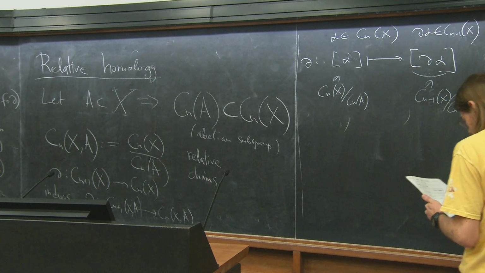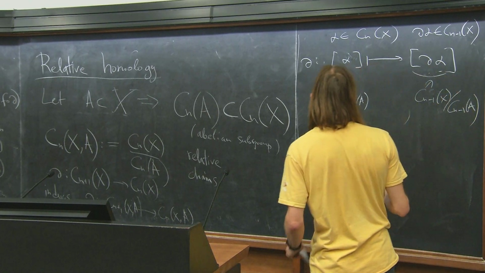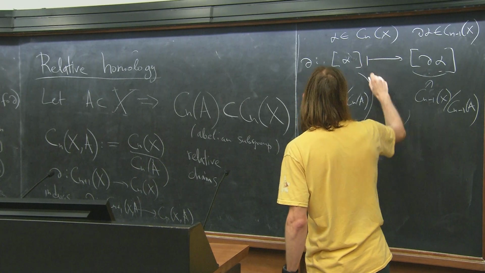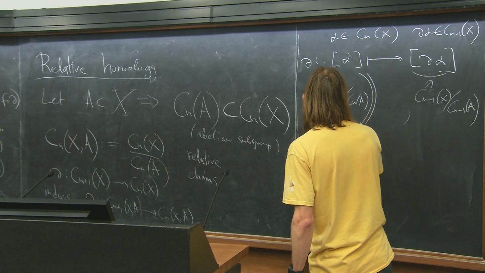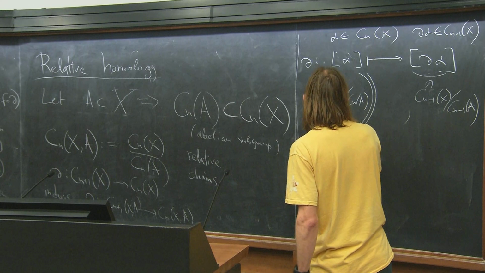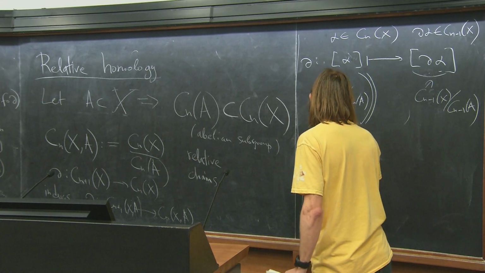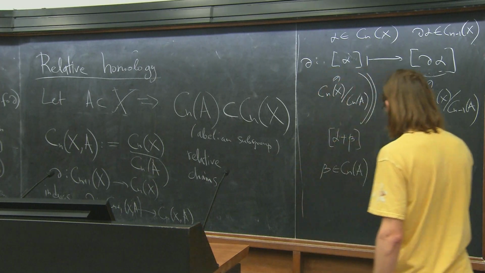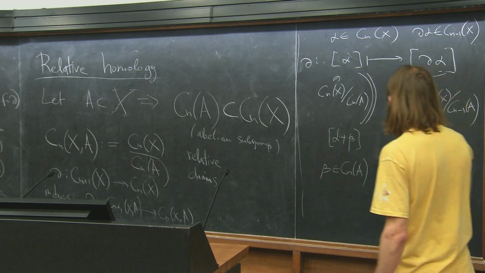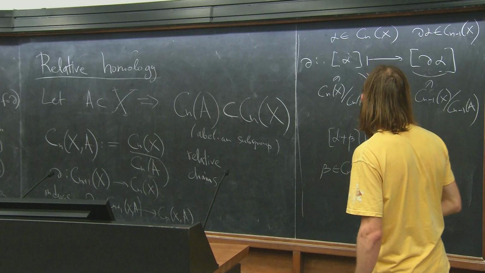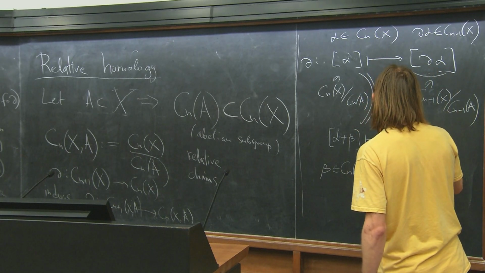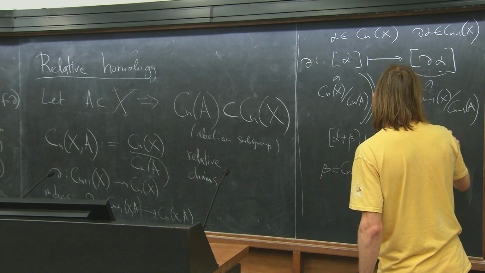So why is this well defined? Suppose we take another representative, say alpha plus beta, where beta is some chain in A. This will be mapped to d alpha plus d beta.